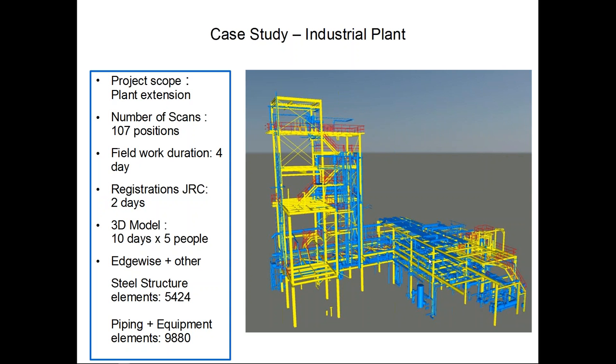But that was enough for us to take as many scan positions as necessary, sometimes even half a meter away from each other, in order to capture the points of interest accurately, so that the little bits and pieces of, for example, a pipe that we capture will be able to be identified precisely and accurately.